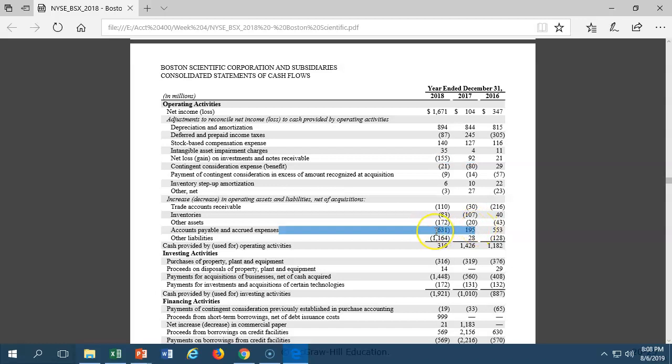This one, this accounts payable line item. And other liabilities was another one.